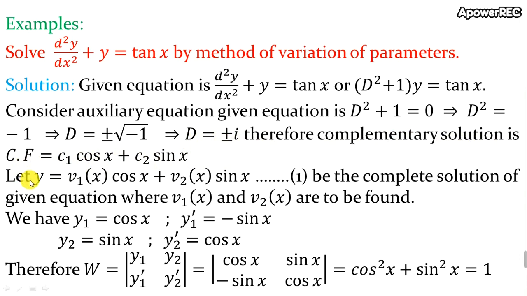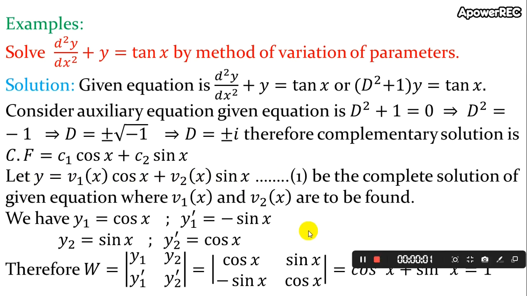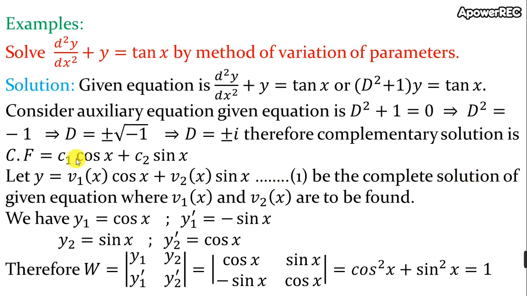Let us assume our solution to be y equals v1 of x into cos x plus v2 of x into sin x. I denote that as equation 1, the complete solution of the given equation by the method of variation of parameters, where v1 of x and v2 of x are to be found.